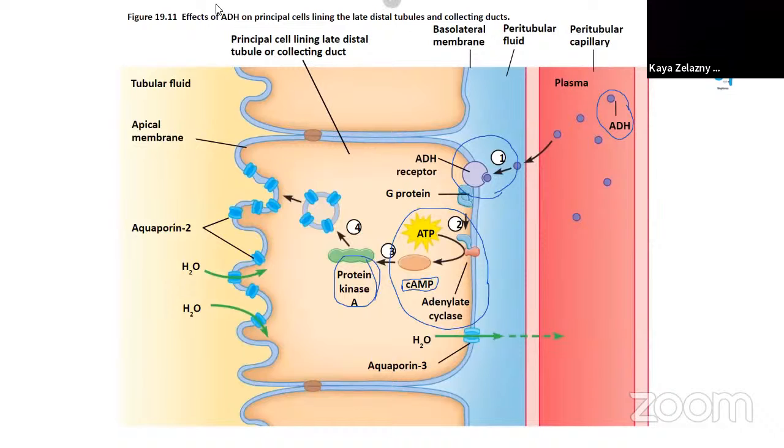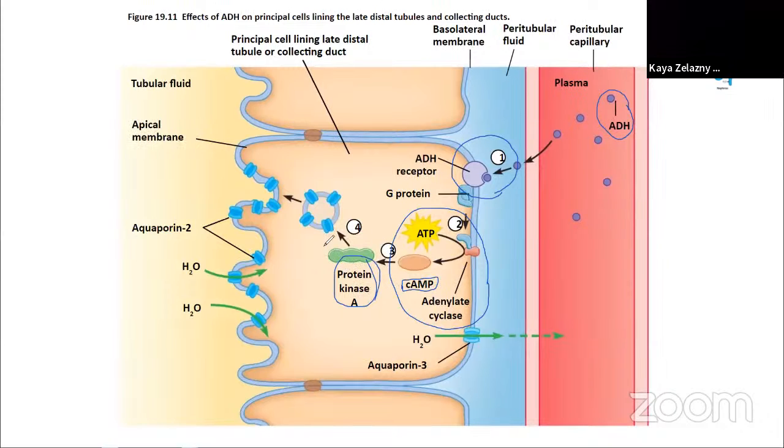And what happens after this signal transduction pathway? We always have these aquaporin 2s hanging out in vesicles, so not in the membrane itself, but inside the cell. A vesicle is like a little baggie of membrane floating around in the cytoplasm.